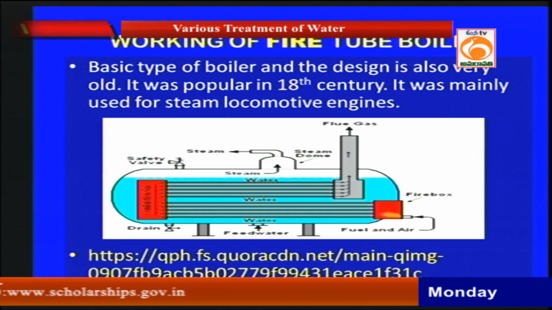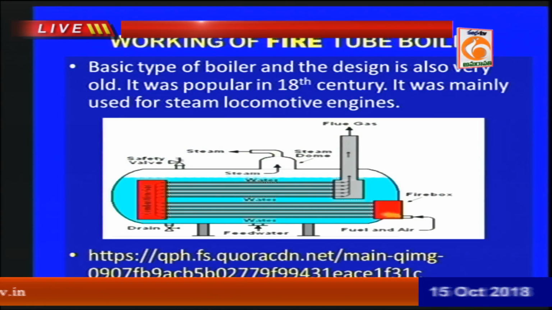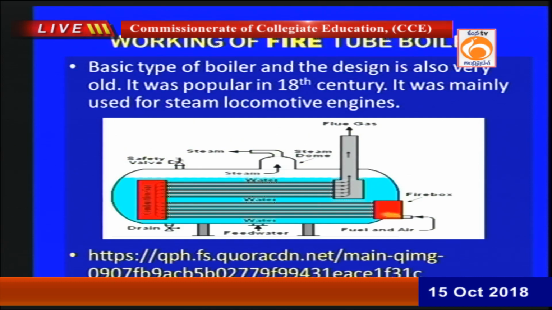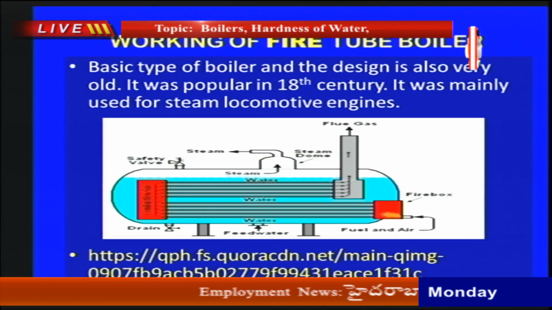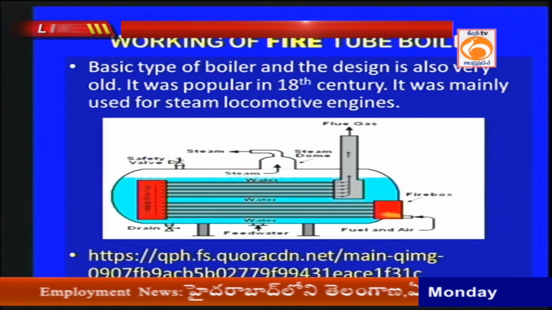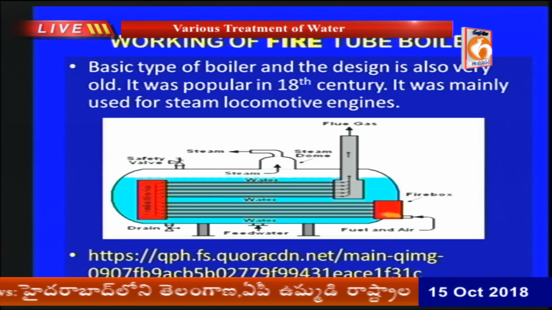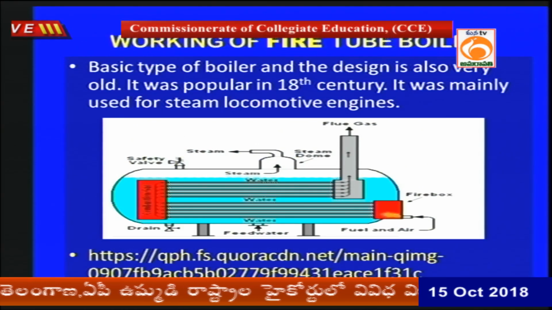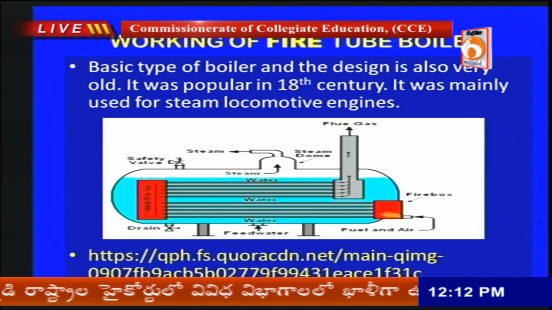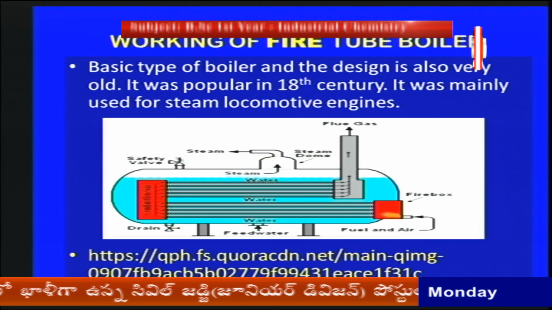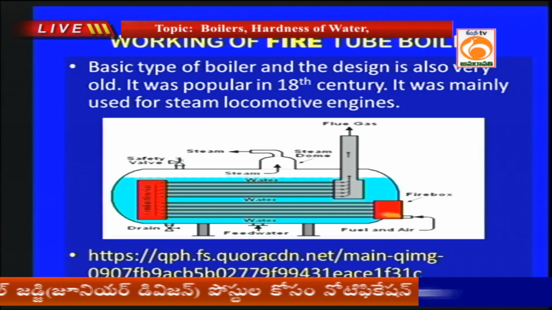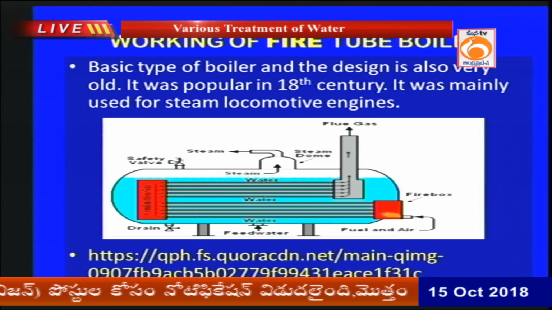The water takes the energy from the fire and converts into steam after its boiling point, and the flue gases come out at the end of the hot gases. So this is the fire tube boiler.